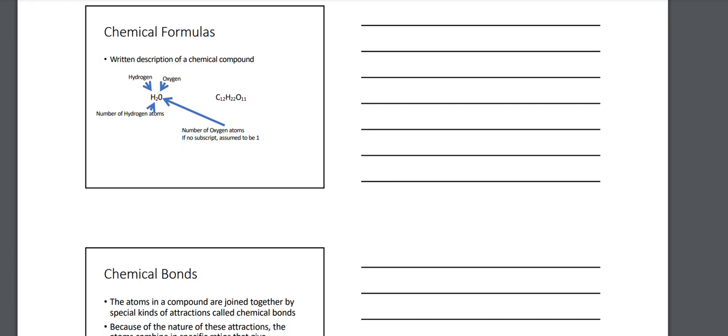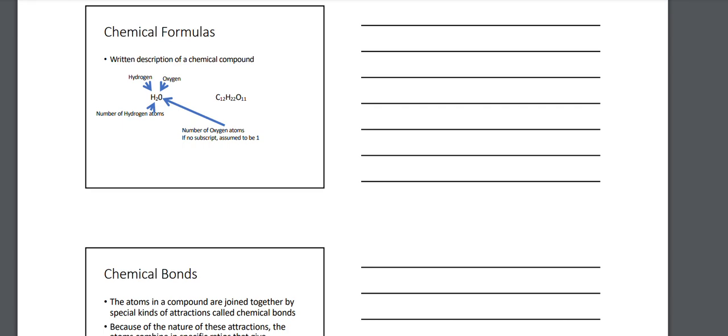Okay, let's look at the chemical formula for saccharose, for example. This is a more complex compound, as you see, because I have carbon, hydrogen, and oxygen. All these subscripts tell us how many atoms there are in a single molecule of saccharose.